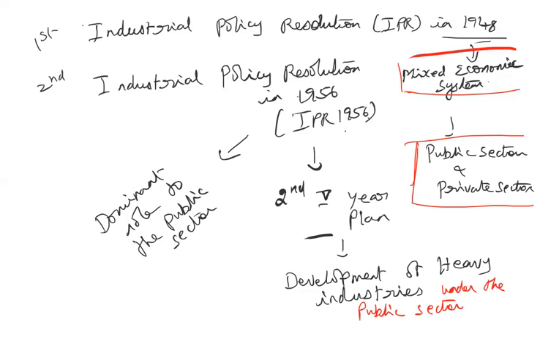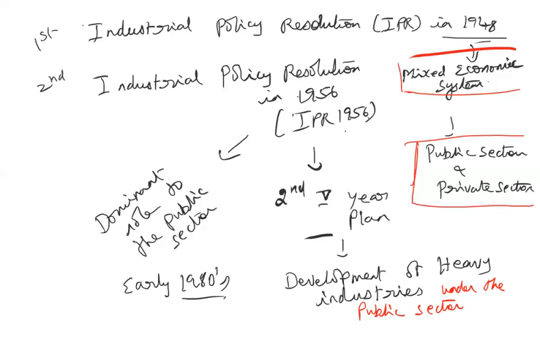Okay, and towards the late 1970s or early 1980s, it was found out that the public sector was incurring severe losses. They were not able to manage the heavy industrialization in the country. Not only industries, so many other major activities were undertaken only by the public sector.